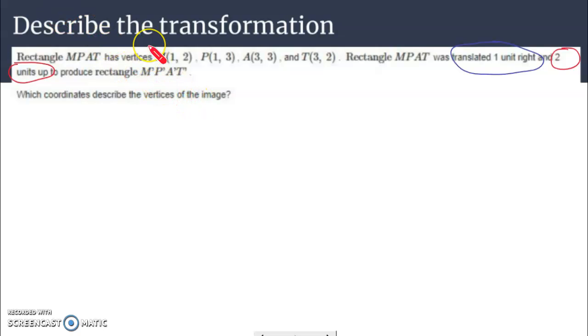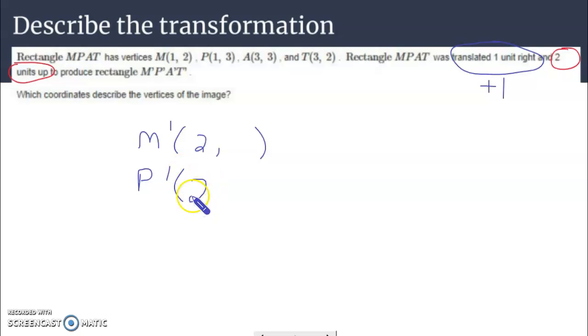Alright, so basically you have to understand that moving 1 unit to the right adds 1 to the x coordinate. So M prime would have an x coordinate of 2 instead of 1 because we're adding 1 to the x coordinate. Same thing with P prime.